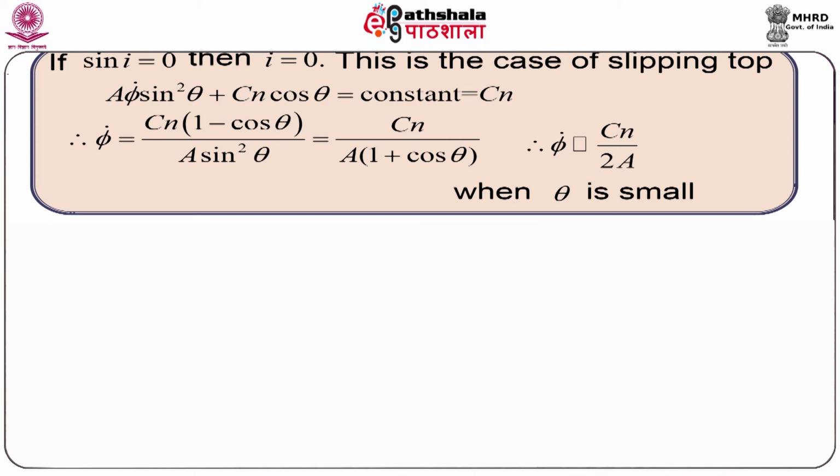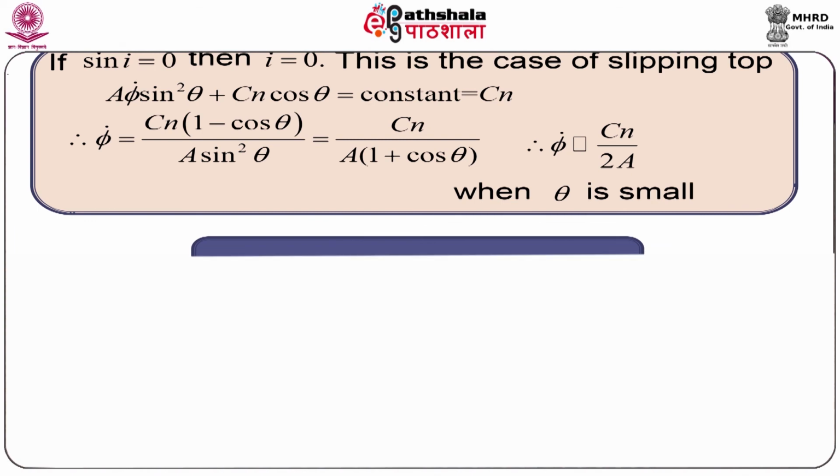Sin square theta can be written as 1 minus cos square theta, then 1 minus cos theta cancels out, and 1 plus cos theta remains. If theta is very small, cos theta is nearly equal to 1. So, we get phi dot nearly equal to C into n divided by 2 into A.